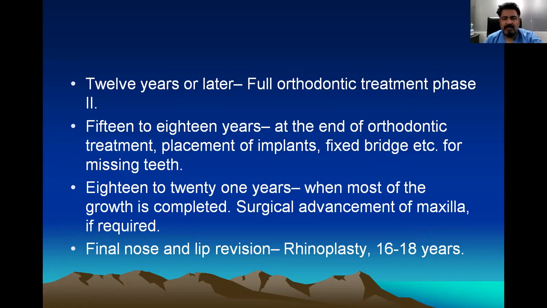At 15 to 18 years, at the end of orthodontic treatment, placement of implants and fixed bridge for missing teeth, if any. Then at 18 to 21 years, when most of the growth is complete, surgical advancement of the maxilla if required. Then final lip and nose revision and rhinoplasty can be done at 16 to 18 years only.